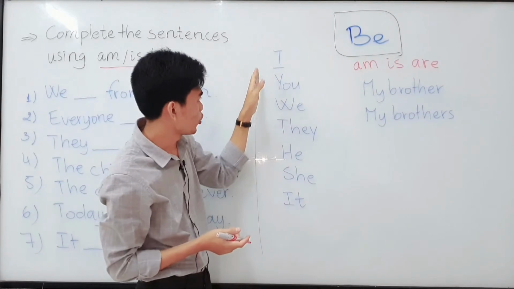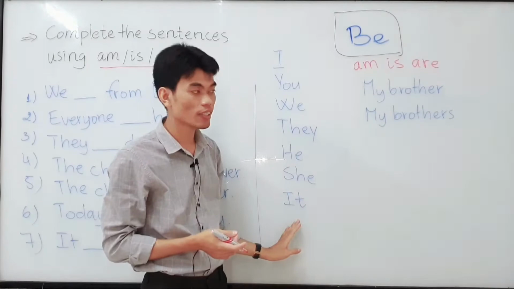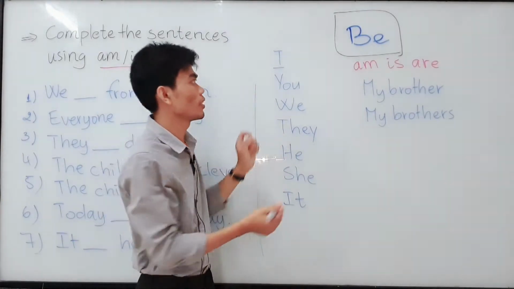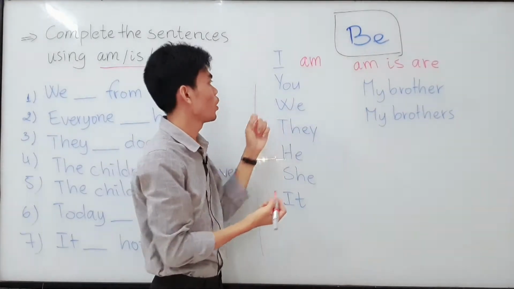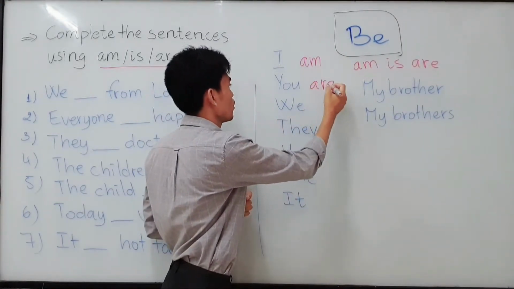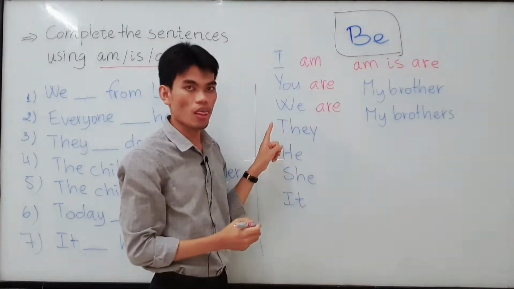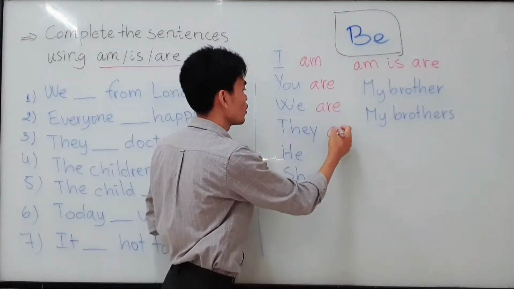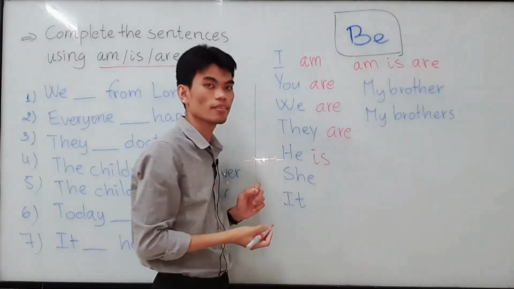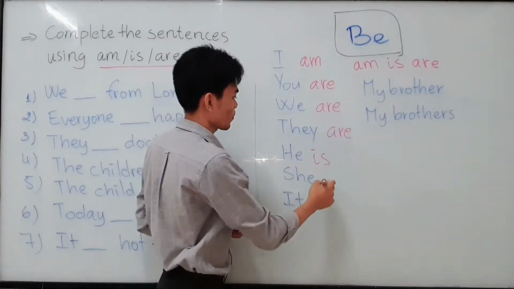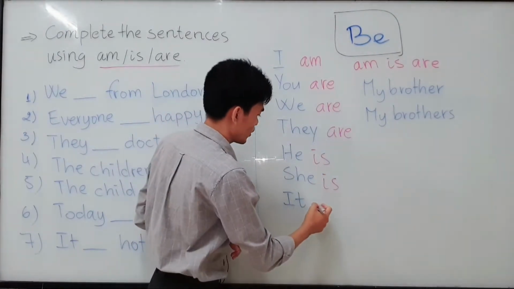With I, you, we, they, he, she, it. I am, you are, we are, they are, he is, she is, and it is.